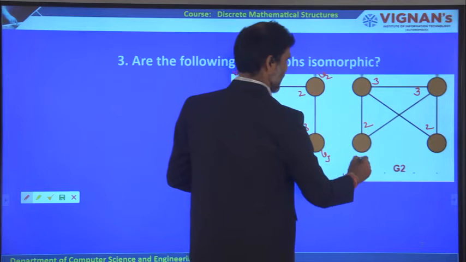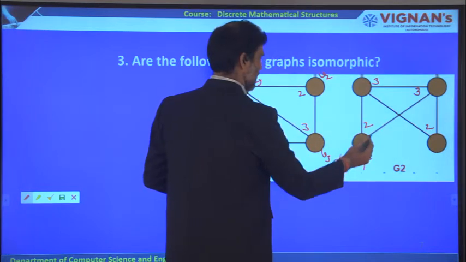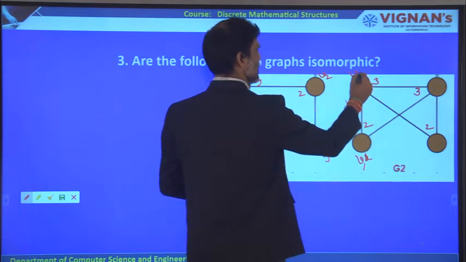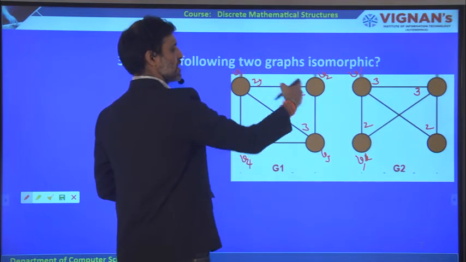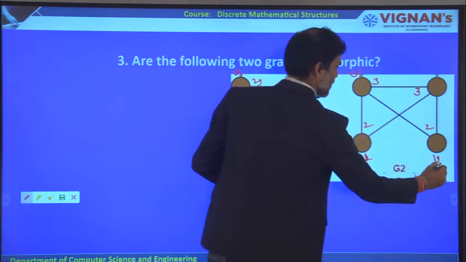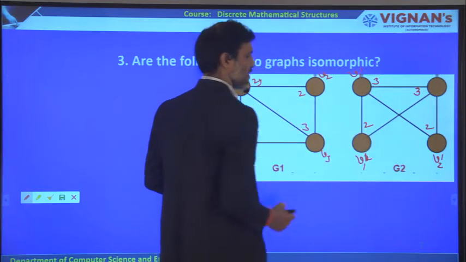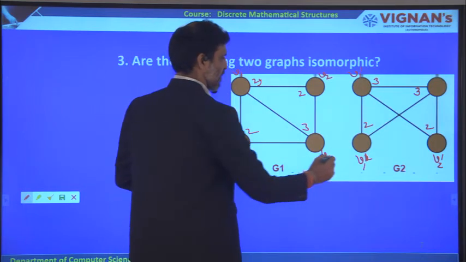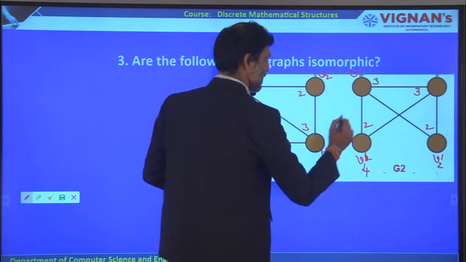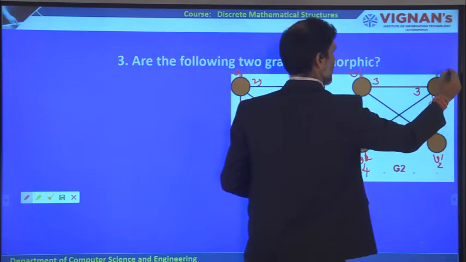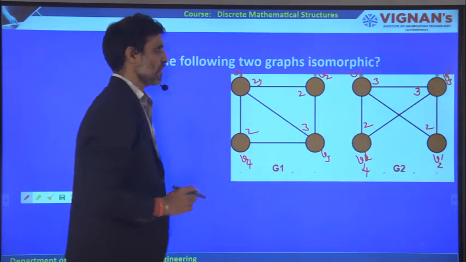Here this is V1 dash because it is having degree 2 here. Similarly, sorry, V1 is equal to 3, so this is V1 dash, and V2 is given degree 2, so this is V2 dash because this vertex has degree 2, and V4 has degree 2, therefore this is V4 dash here, and similarly V3 has degree 3, therefore V3 dash here. Like this you have to take the graph.